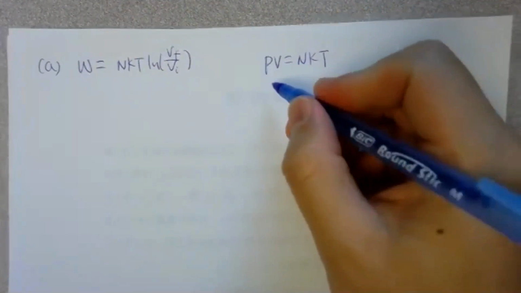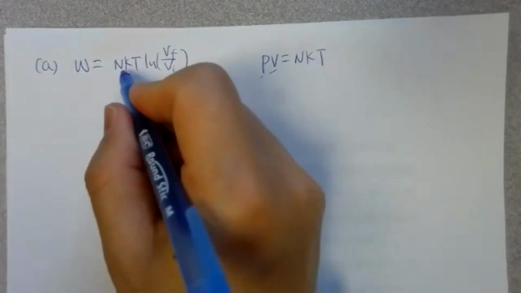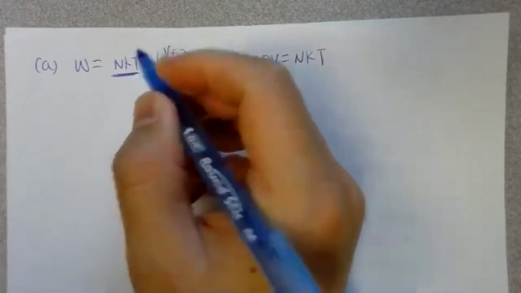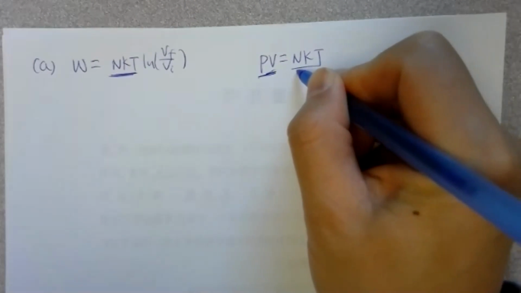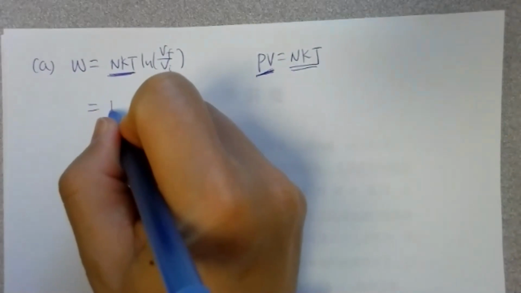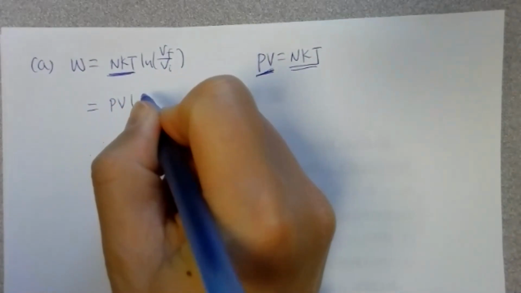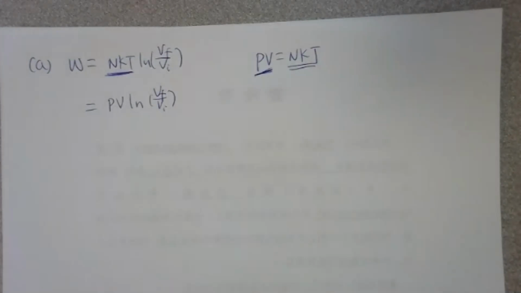So you have to be very creative here. NkT, you may treat as one term that can be calculated by P times V. So PV equal to NkT. So then this is also equal to PV ln of V final over V initial, okay?